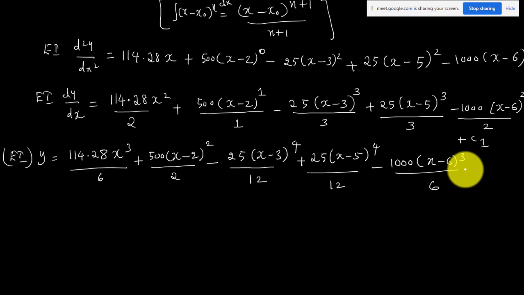I think I am correct. Plus c1 x plus the second constant of integration c2. So now you got the equation for your deflection.